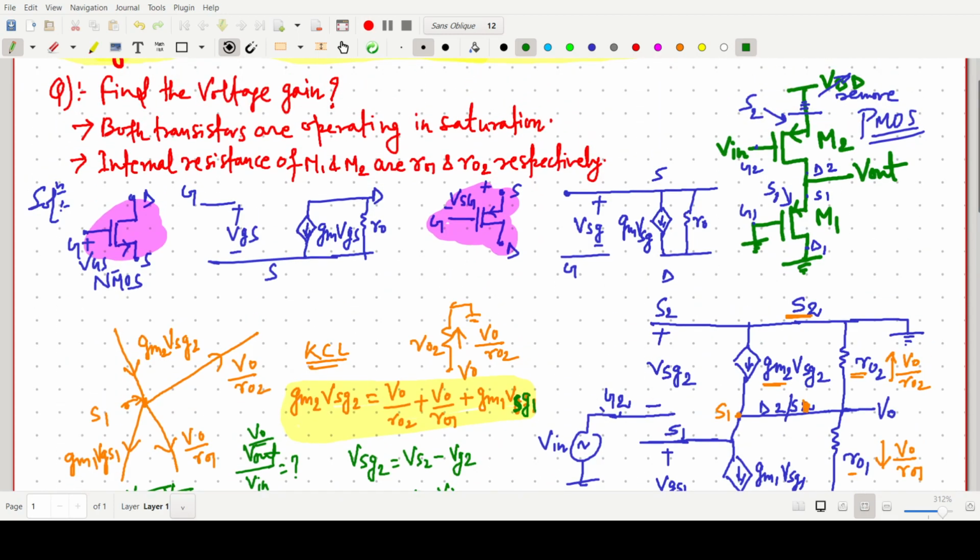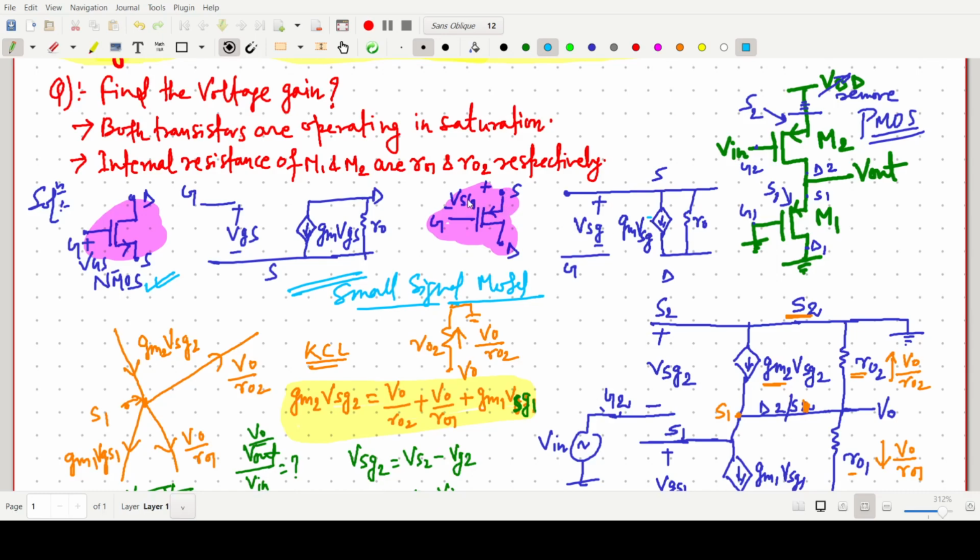That's why I have already drawn the small signal model of the NMOS. Sometimes in some books there will be confusion in writing, but go through this type of thing: draw the circuit symbol, then the current is like that, like GMVSG.